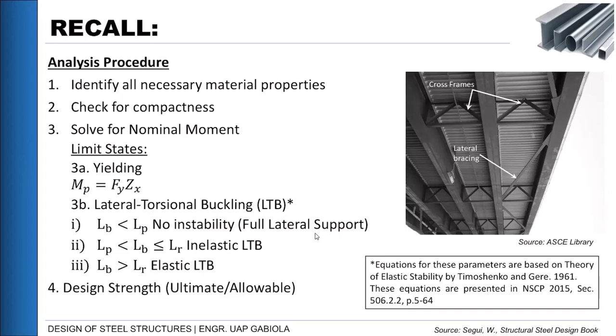Okay, so meaning our nominal moment is equal to our plastic moment, or the plastic moment capacity of our beam. And then when it is in between Lp and Lr, it is said to be inelastic lateral torsional buckling, and we also have a formula for that. And then when Lb is greater than Lr, that is elastic lateral torsional buckling.